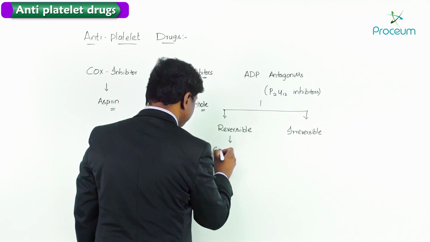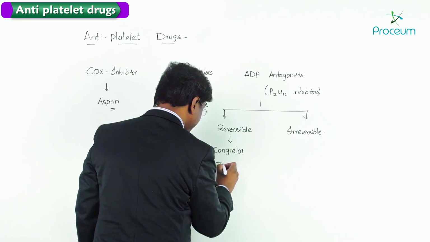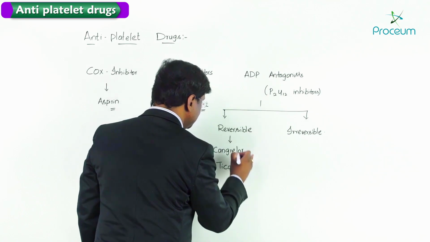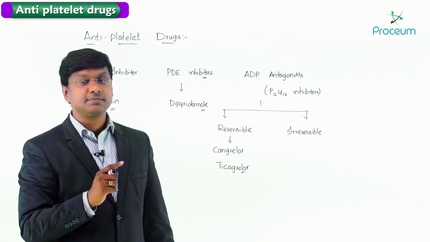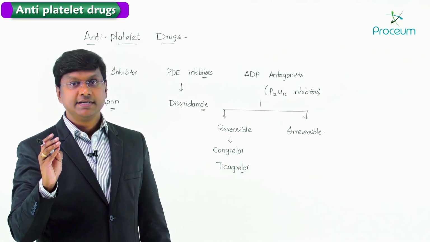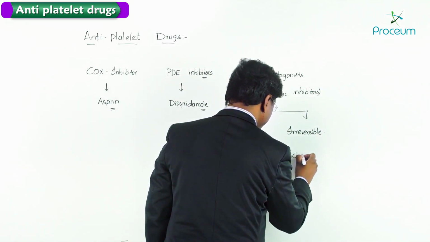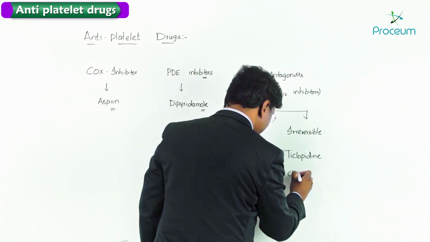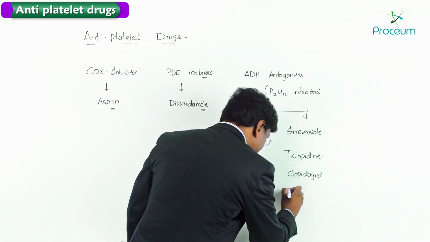Whereas the irreversible ADP antagonists, that is your P2Y12 inhibitors, include number one, ticlopidine, then we have clopidogrel, then we have prasugrel.